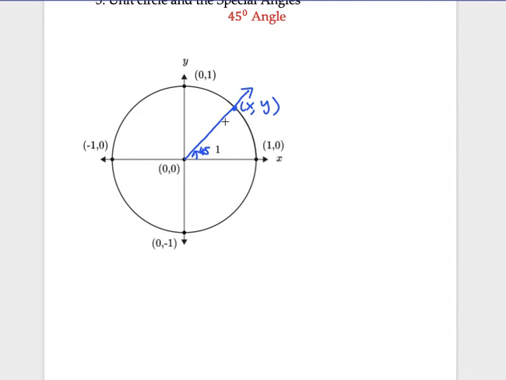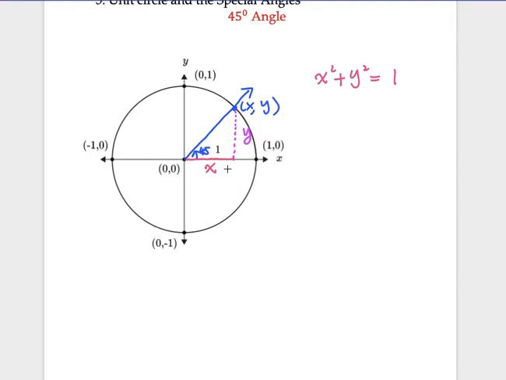Okay, so now same as what we did before, we know the vertical distance is the y, because this is a y coordinate, and the horizontal distance is going to be the x. What we know for this special case is, first, of course, it belongs to a unit circle, so x squared plus y squared equal to 1.